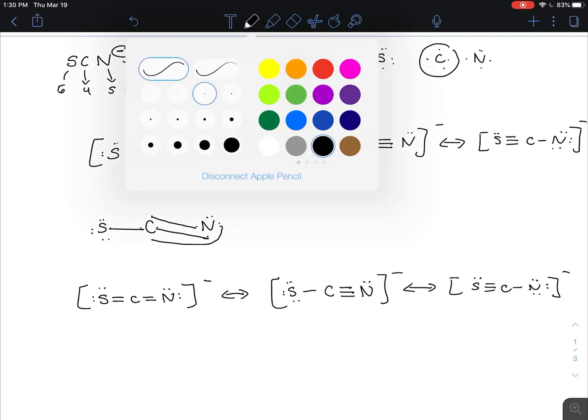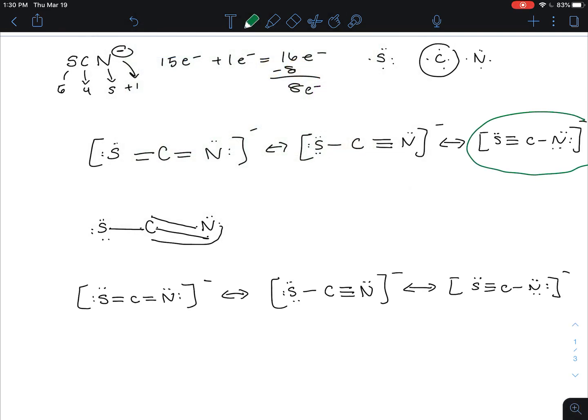Now, how do I choose which is my better structure? The way that I do that is through formal charge. So now we can calculate the formal charge. This structure here is the least likely. However, let's just test that by formal charge. So formal charge of sulfur is equal to 6 minus 4 non-bonding plus 4 over 2, that is 0.